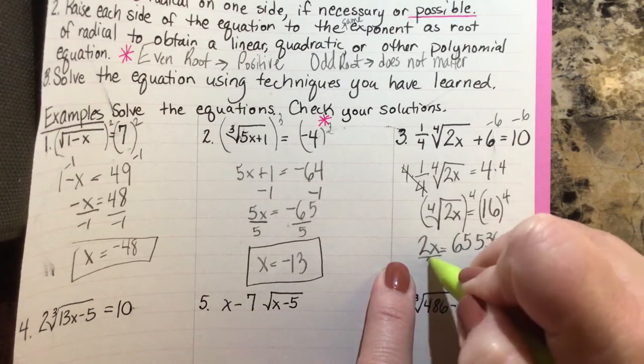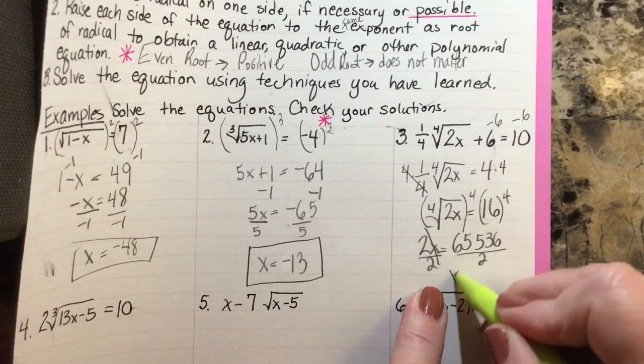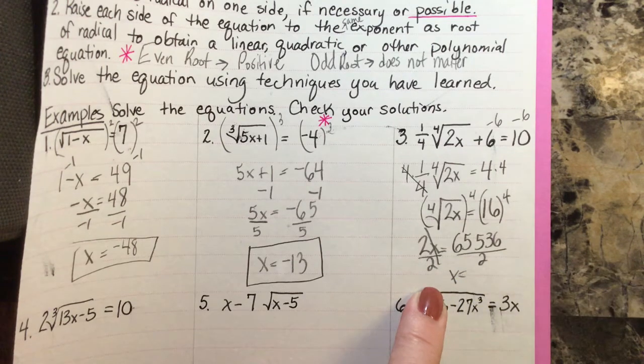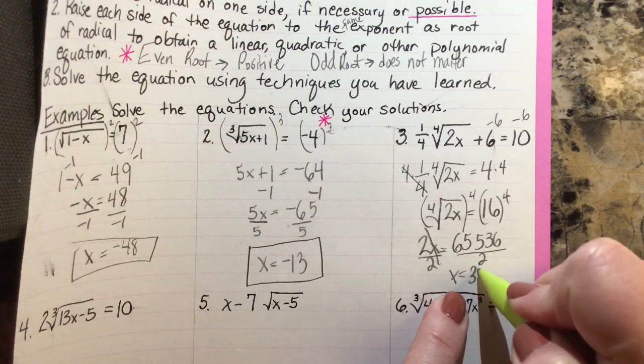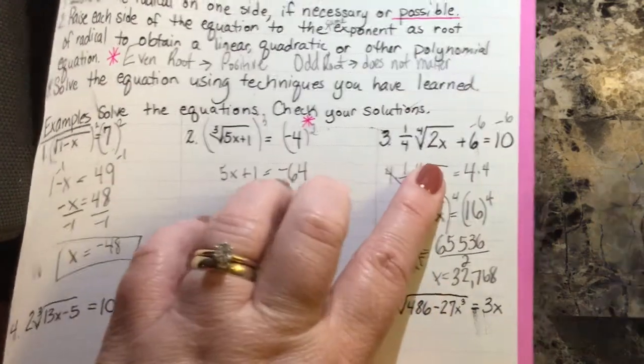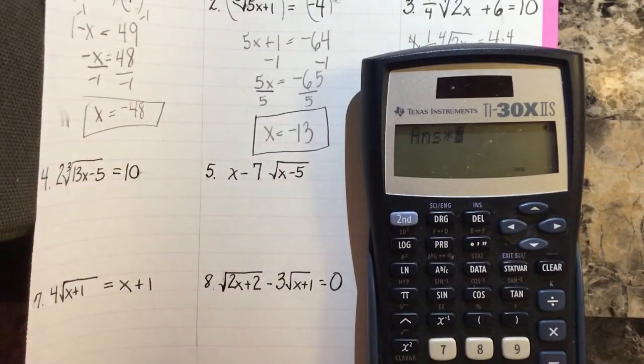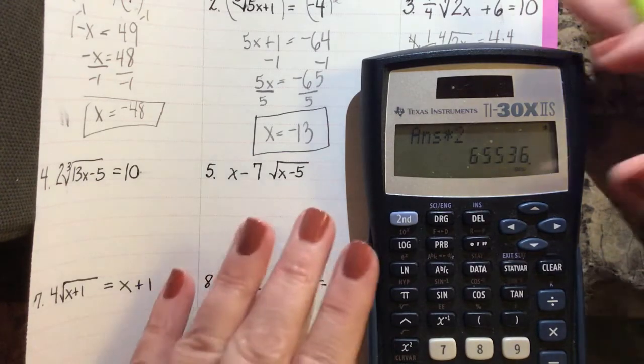I'm going to divide by 2. So then x is going to equal 32,768. So I'm going to bring that calculator in here so we can check this. I want to multiply that by 2, which of course gives me that 65,000.